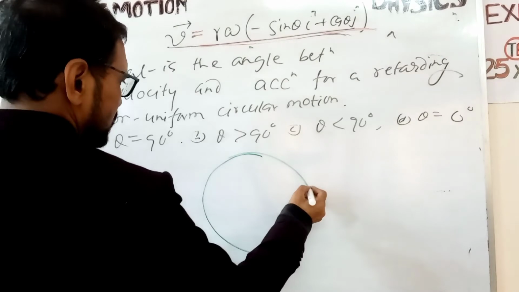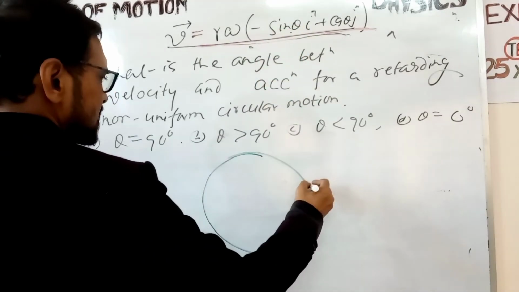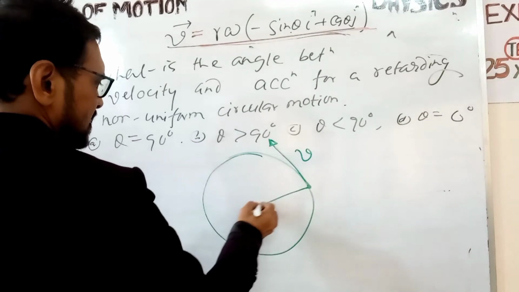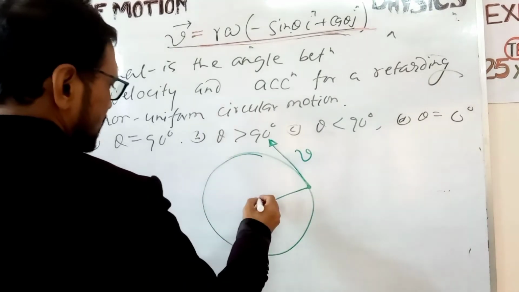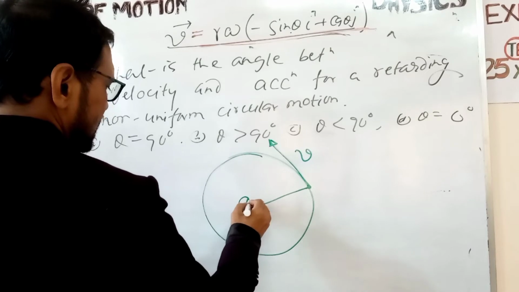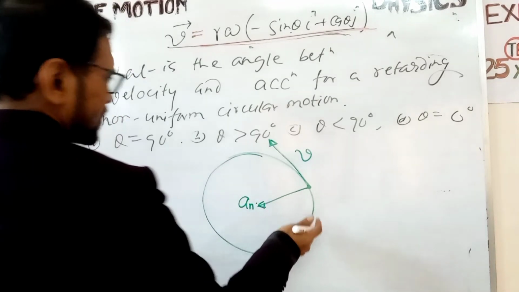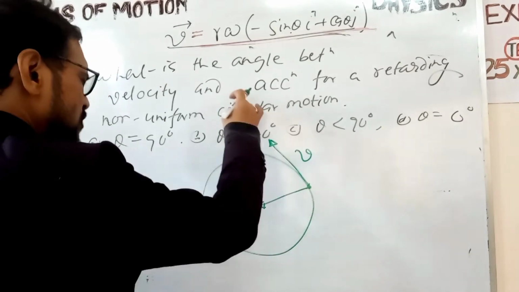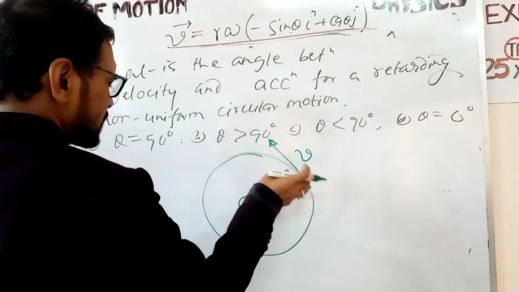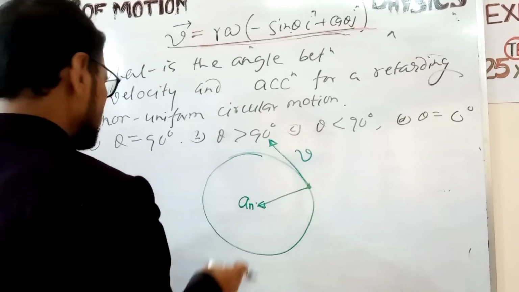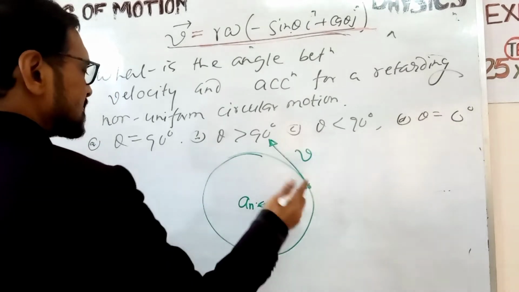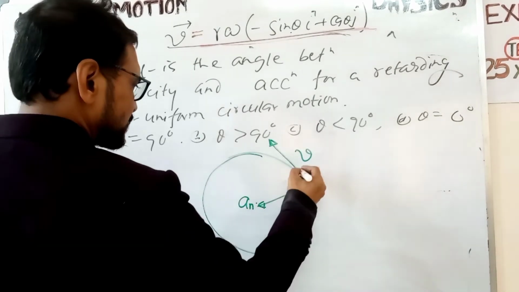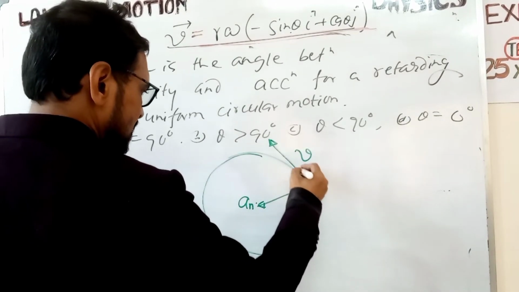this is a body, the velocity is always in this direction. This is the direction of velocity. Now AT, this is the centripetal acceleration, and the body is retarding. The direction of velocity is this, but the magnitude of the velocity decreases, so there is retardation, so the acceleration is in this direction.